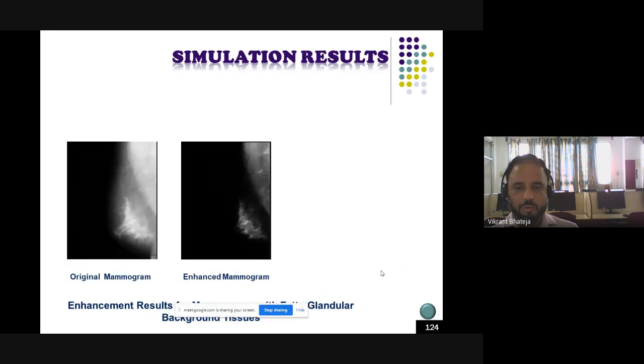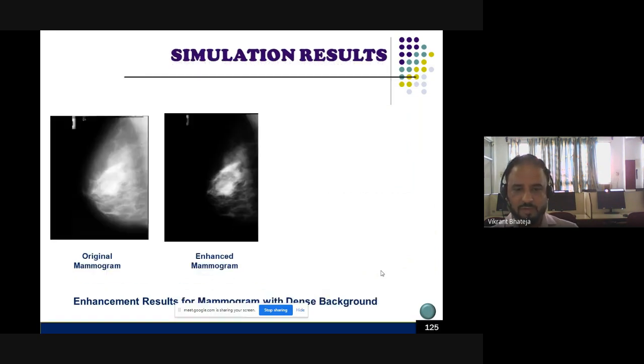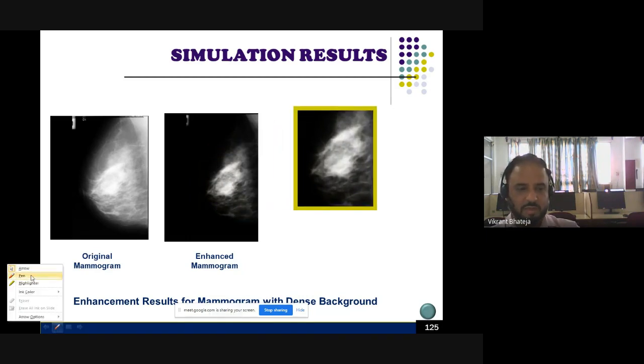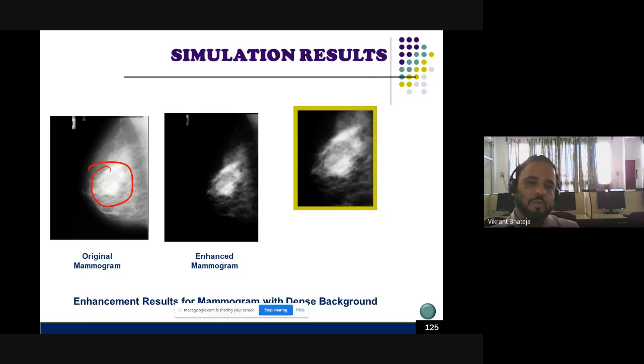Certainly, I'll show you one example where you can see the mammogram results on a dense one. Here the input mammogram is like this. It's a dense mammogram, so you can see this tumor region is camouflaged with the white tissues.